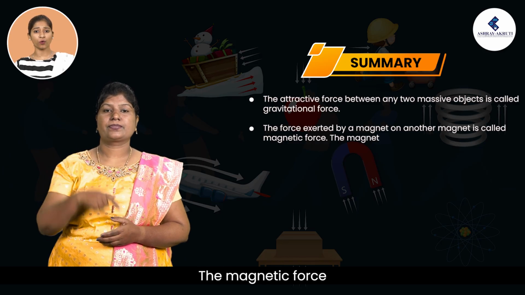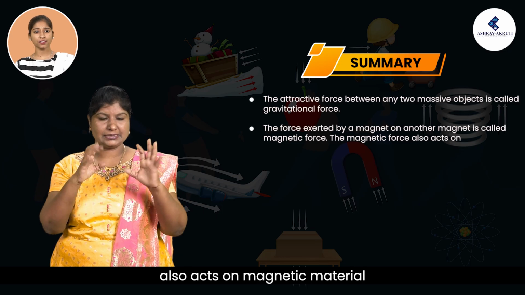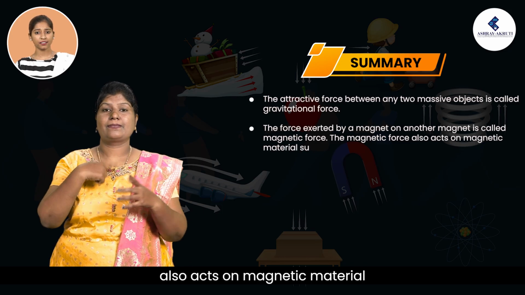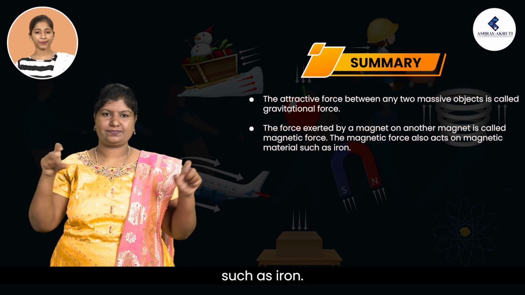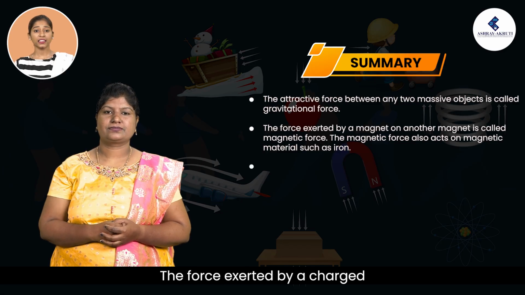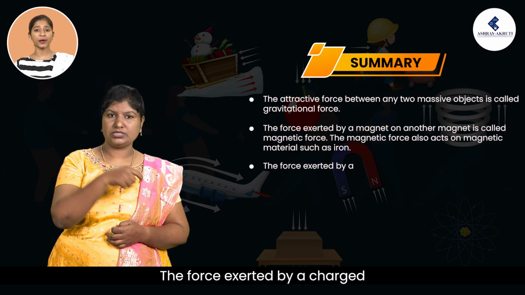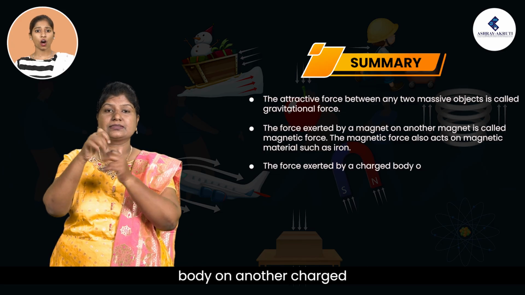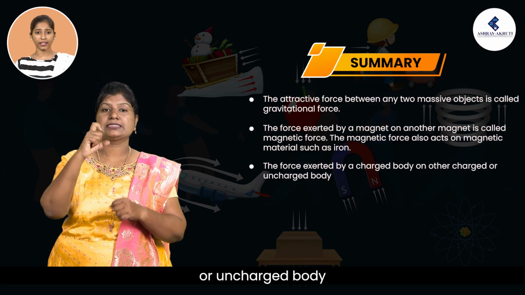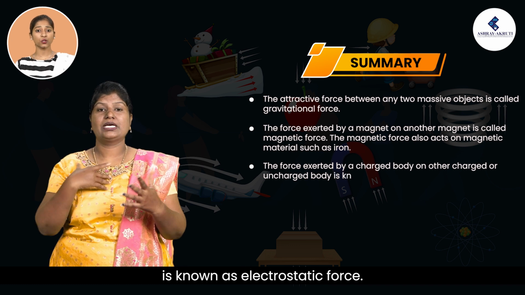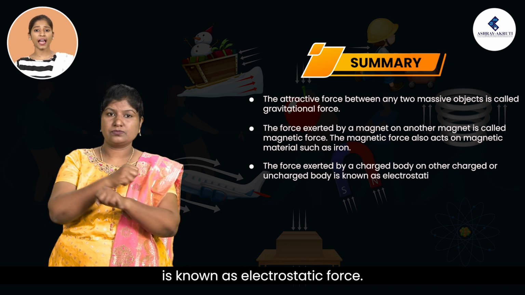The magnetic force also acts on magnetic material such as iron. The force exerted by a charged body on another charged or uncharged body is known as electrostatic force.